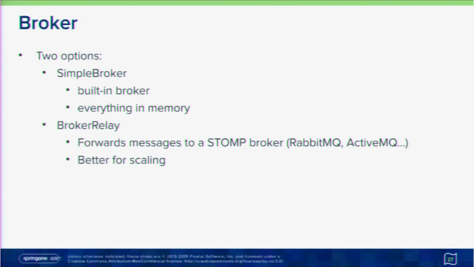The broker relay delegates the messages to a full-blown STOMP broker, which could be RabbitMQ, ActiveMQ, or any other broker which supports STOMP, which is much better for scaling. At the end of the day, a STOMP broker can be scaled, and all the instances of your application will be connected to that particular broker.